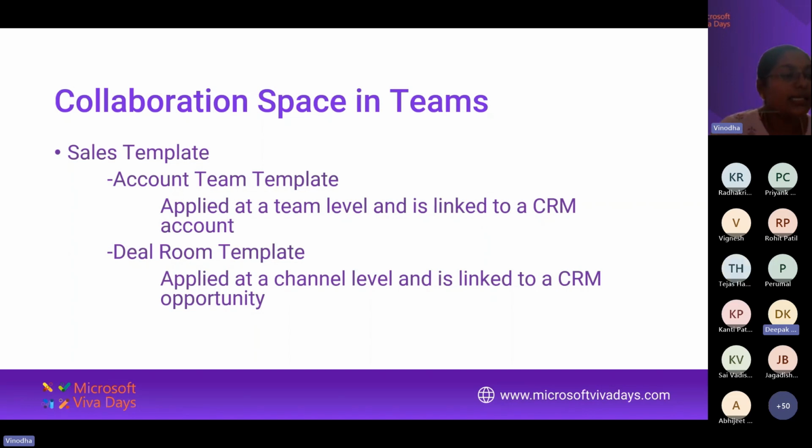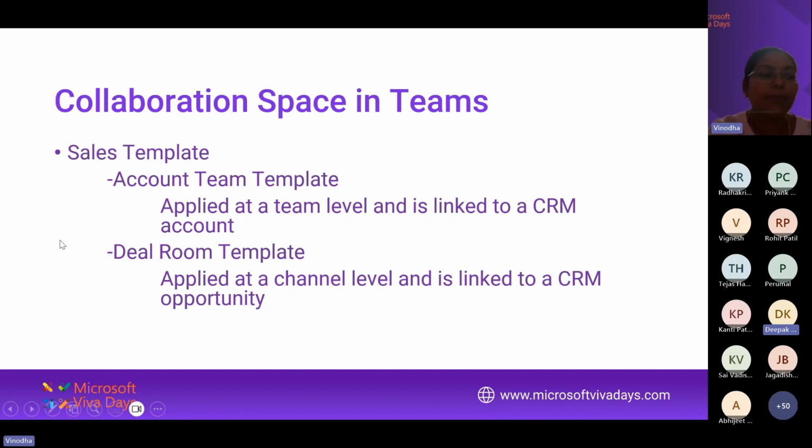Normally, sellers face difficulties creating teams and channels with the right people and right information. They often create multiple teams and channels, and it is hard to discover the right details. To overcome this problem and save time for sellers, Sales Copilot provides this collaboration space.